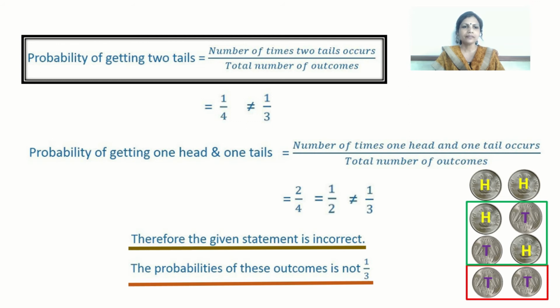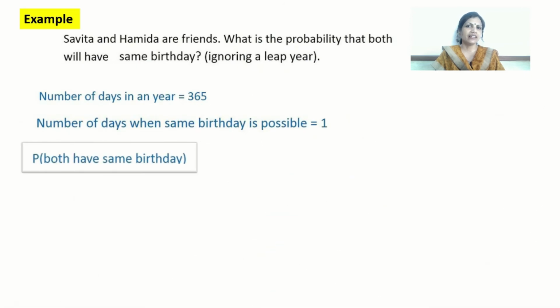Alright. Now this is a solved example, and I felt like this is really important and you should know this. Savita and Hamida are friends. What is the probability that both will have the same birthday, ignoring the leap year? Alright. So we all know that the number of days in the year is 365.